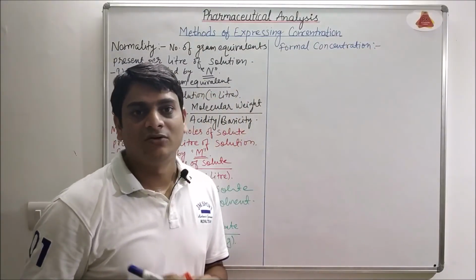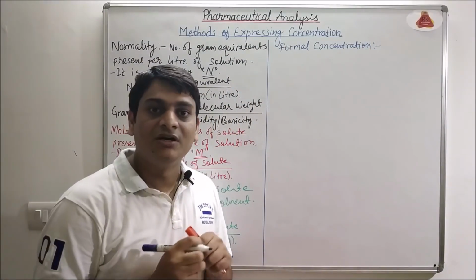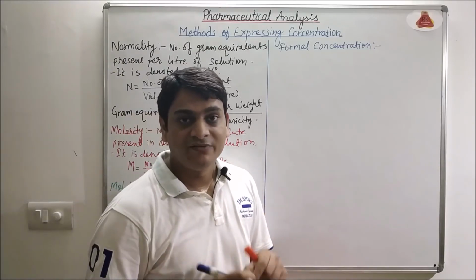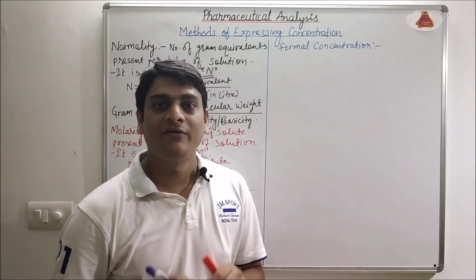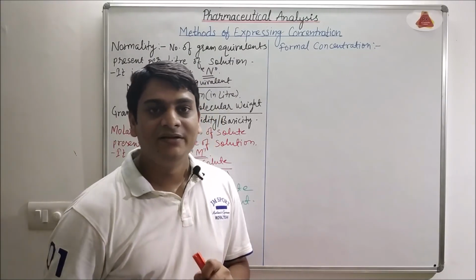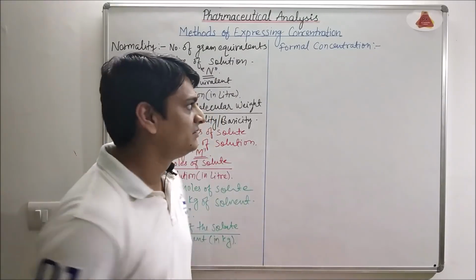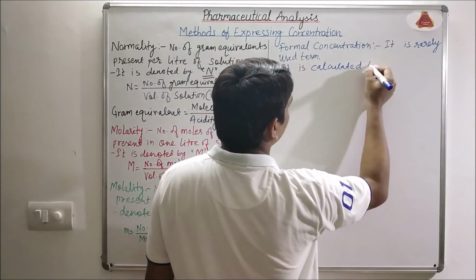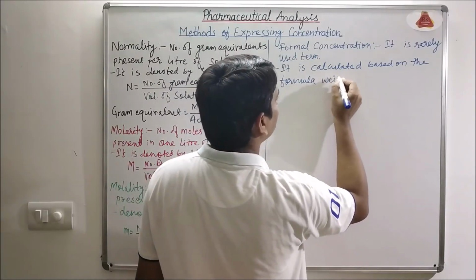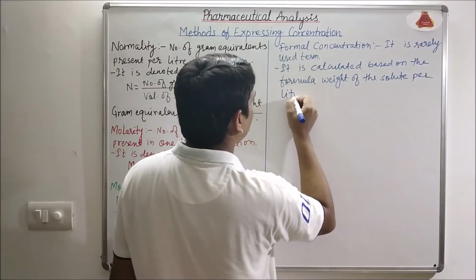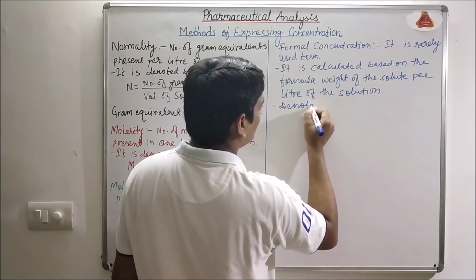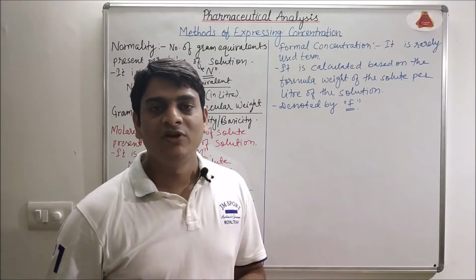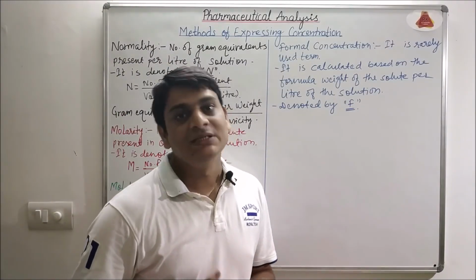Formal concentration or formality is a rarely used term as compared to the other ones, and it is calculated on the basis of formula weight, and it is denoted by capital F. The formula for formal concentration is equal to formula weight divided by volume of solution in liter.